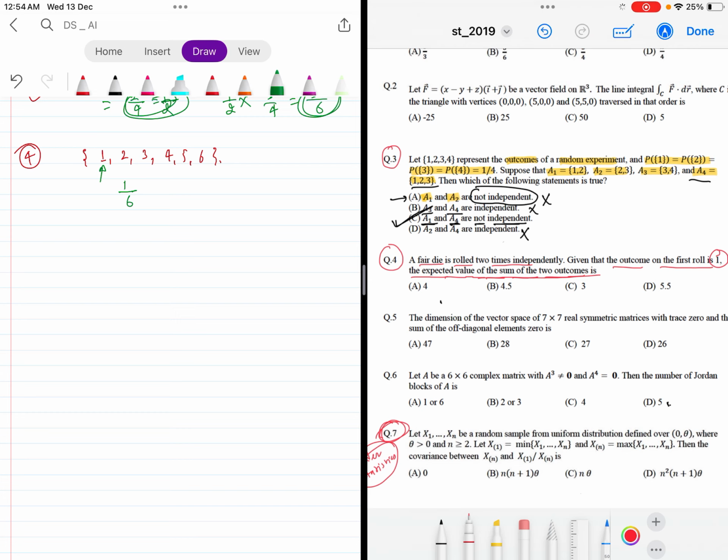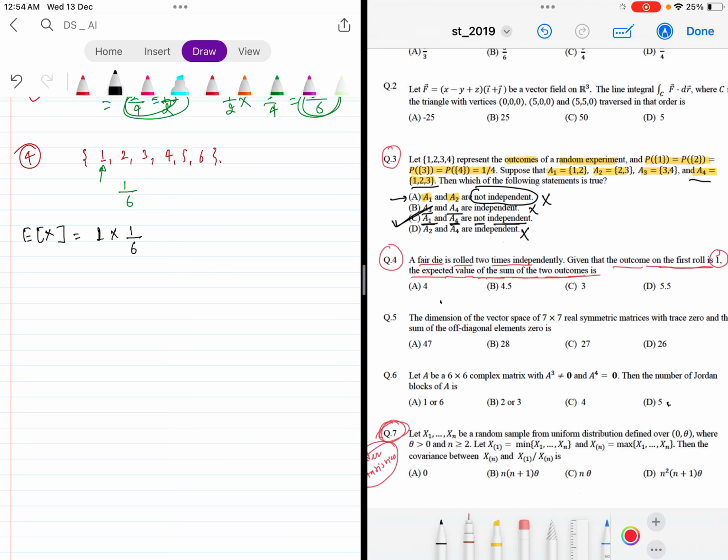And given that the outcome of the first roll is 1, right? So on the first roll we are given that the outcome is 1, and that has the probability 1 by 6, right? So we have to find the expected value.